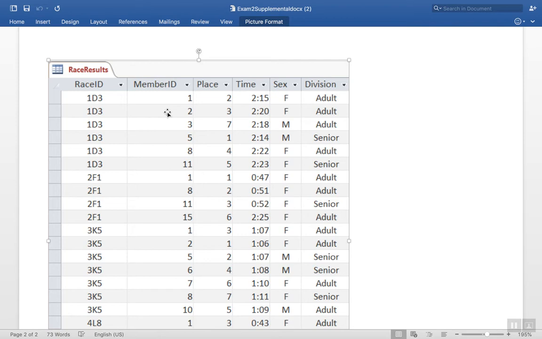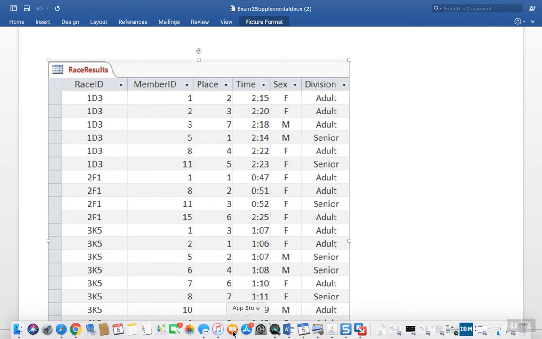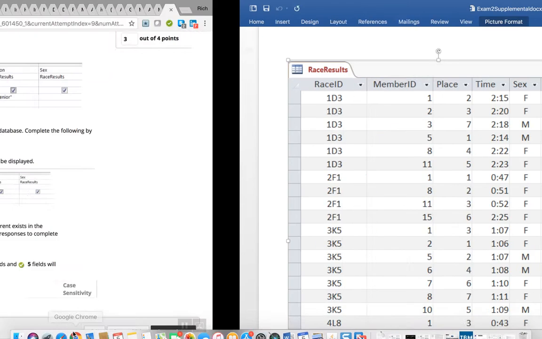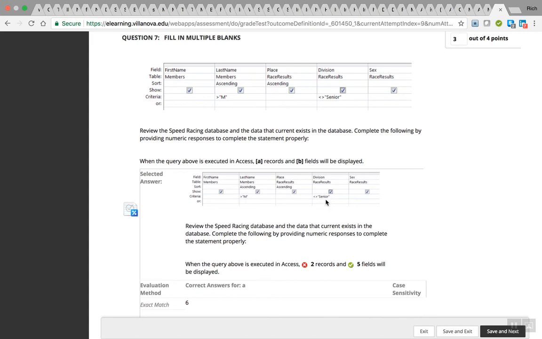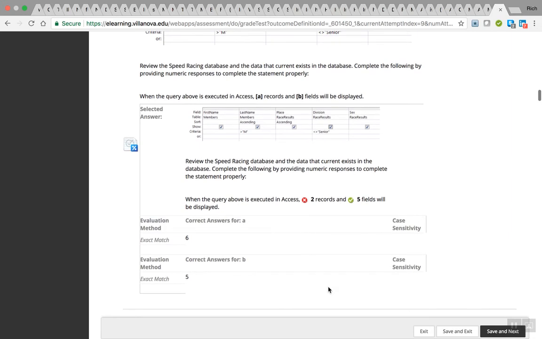What we're looking for is somebody with a member number of 2 or 3 or 8 or 18, and whose division is not equal to senior. This is how we would interpret this.